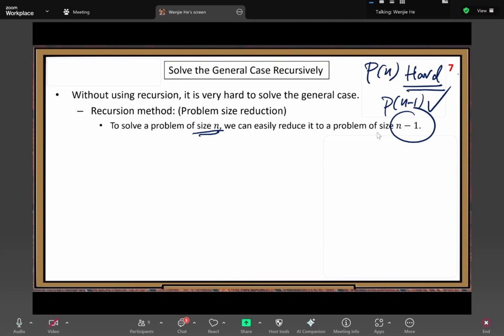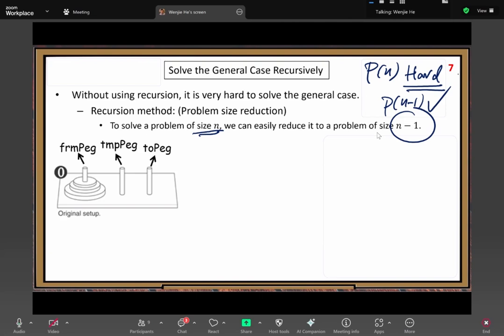Because in that way, if we only do the gap part, that's not that hard, right? Think about it. You have the solution moving n minus 1 disks from one peg to any of the destination pegs. Then you do the gap part, that means the bottom disk. Moving the bottom disk to the destination peg, that's so easy.